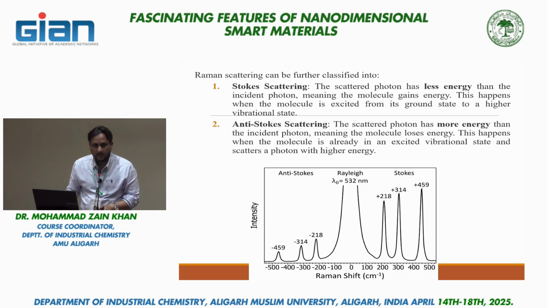While on the other hand, in case of anti-Stokes scattering, the molecule may already be in an excited state. The molecule deactivates, releases energy. That energy is taken up by the photons, and the scattered photons have a higher amount of energy than the incident photons.